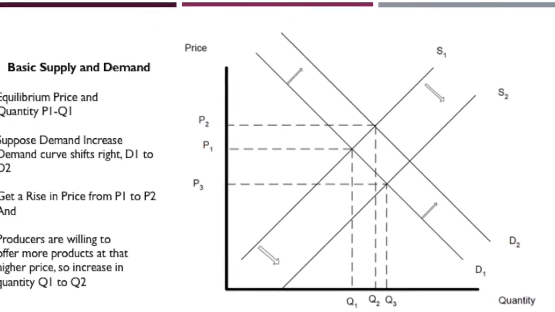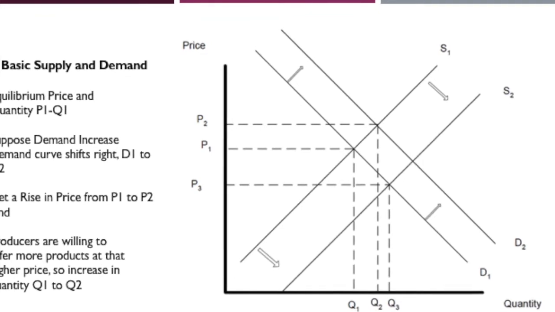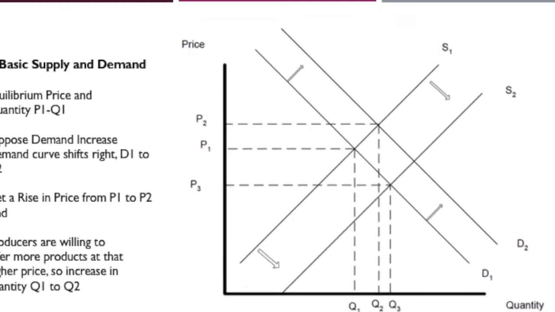And again, thinking to our determinants of supply and demand, imagine, just to see how this functions, that there is suddenly an increase in demand. The downward sloping demand curve moves from D1 up to D2.